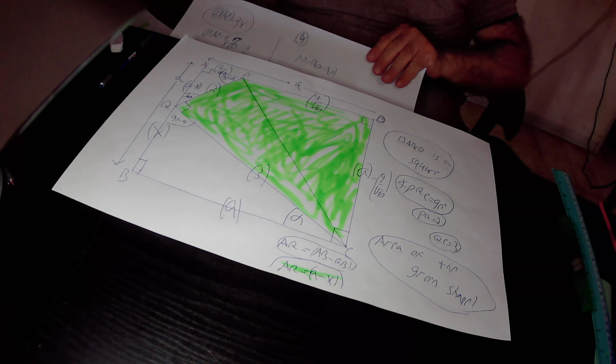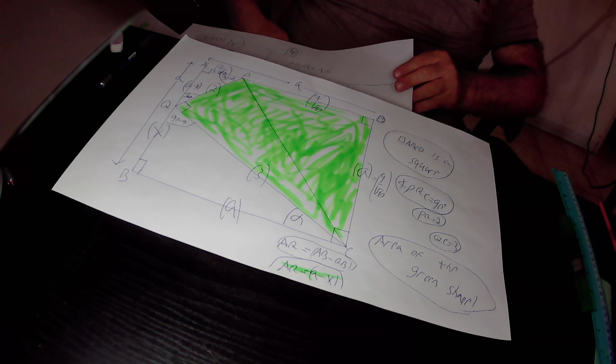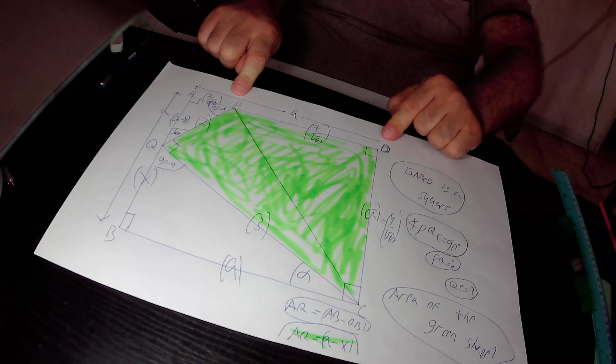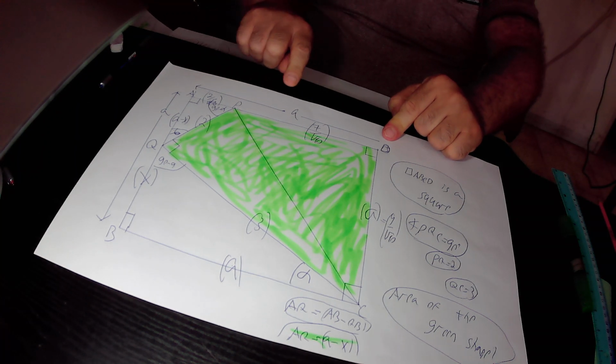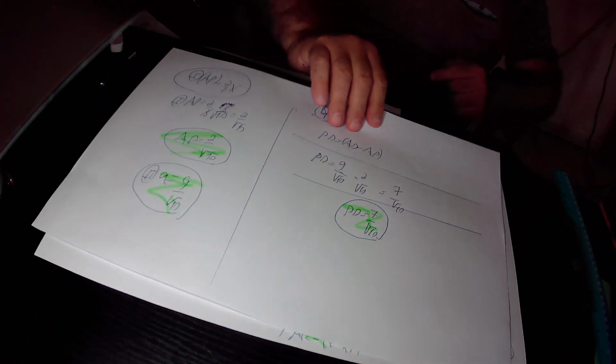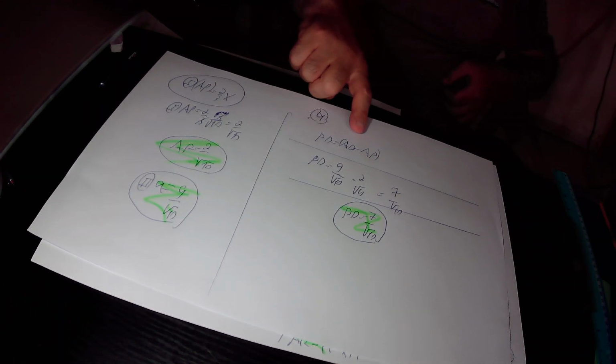So, what is the length of PD? Although it is very easy to say that PD equals AD minus AP. Read again: PD equals AD minus AP.